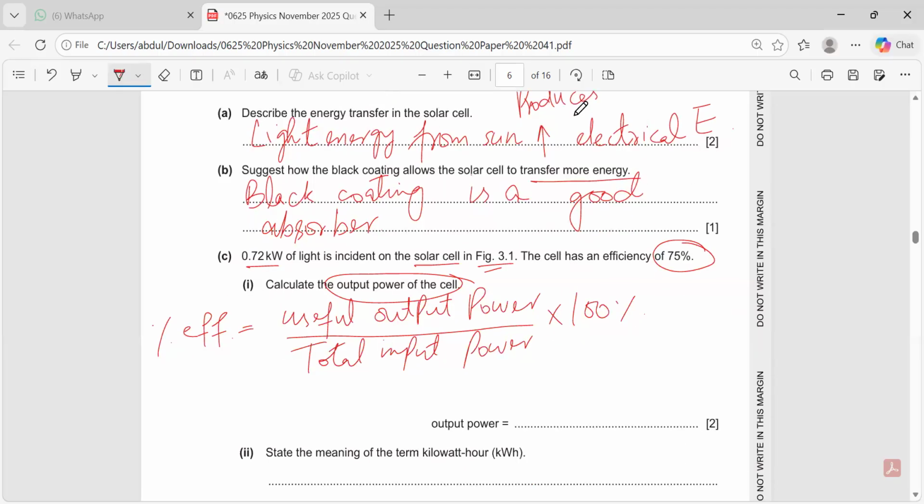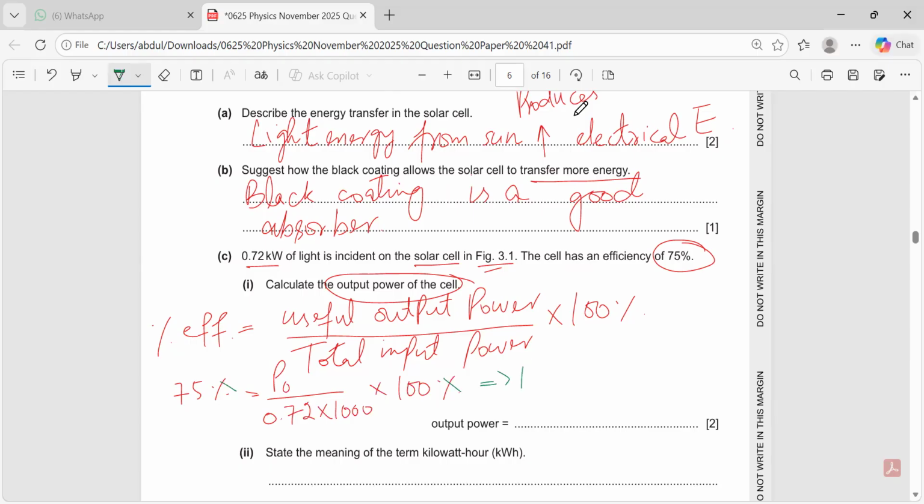100%. Now, my dear friends, what is the efficiency? That is 75% equal to useful output power. I'm writing PO over total input power. That is 0.72 times 1000. Why? It is kilowatt. And times 100%. So my dear friend, percent is cancelled with the percent.